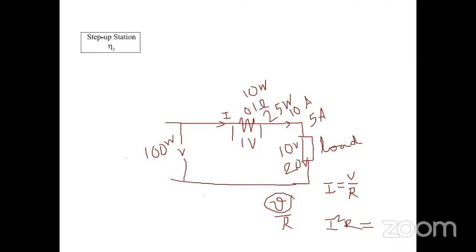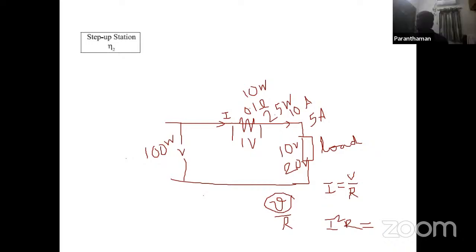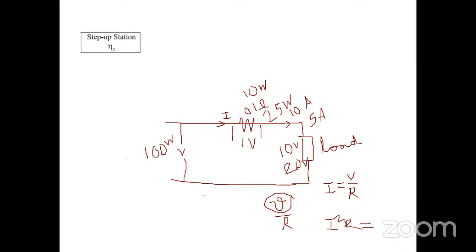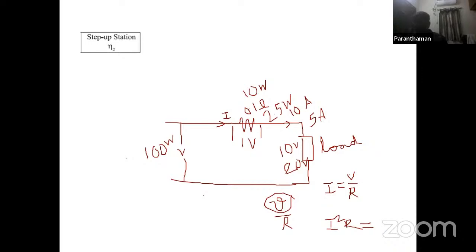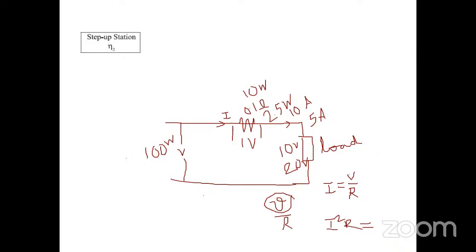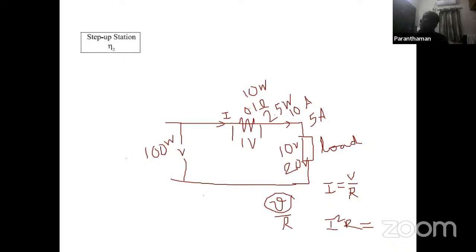Again, for 110 kV transmission, it is 0.96 efficiency, so multiply it with 0.96. Again, for 33 kV, it is 0.995. These are all typical values, sir. All these things need not be exactly the same.